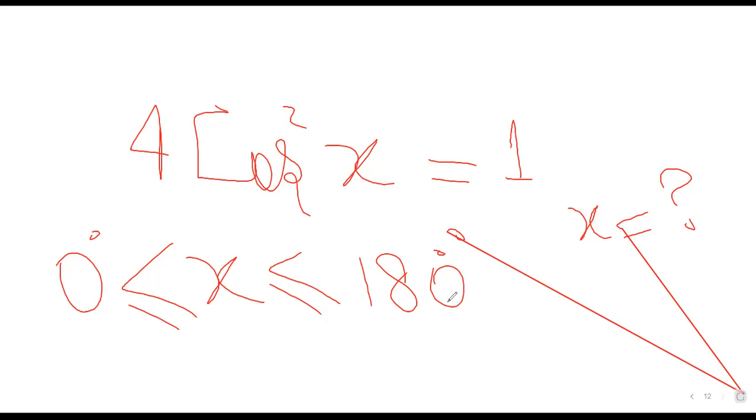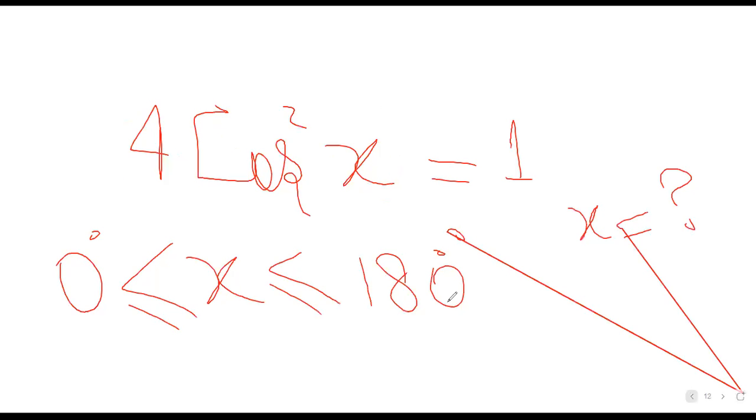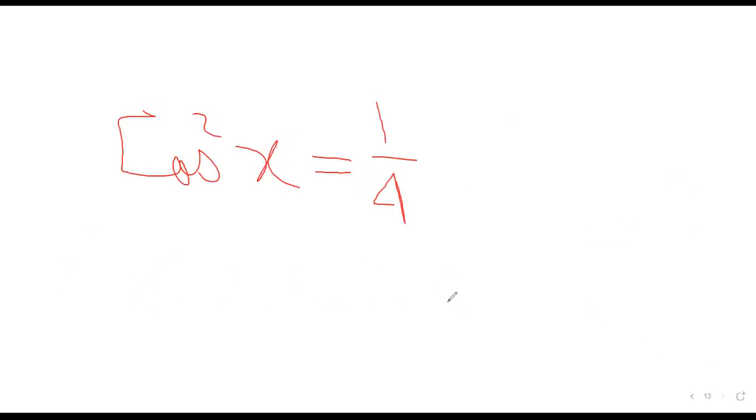Cosine square x is equal to 1 over 4. This was from the previous step, where we had 4 cosine square x is equal to 1. So next, we are just bringing 4 over here, then taking the square root on both sides.